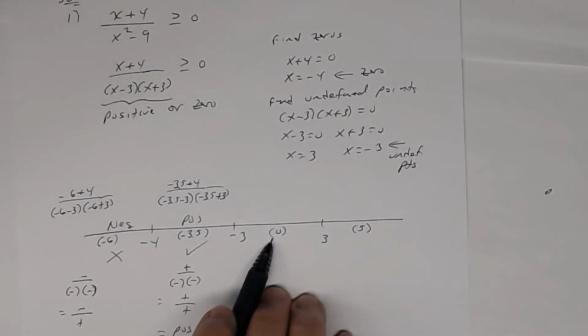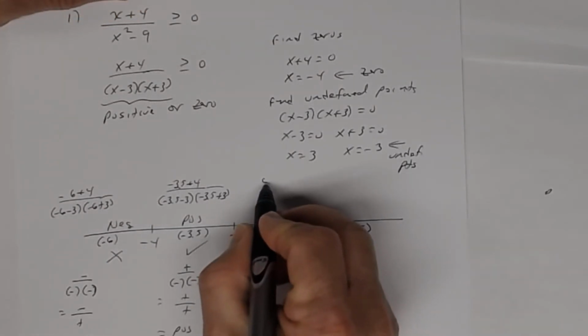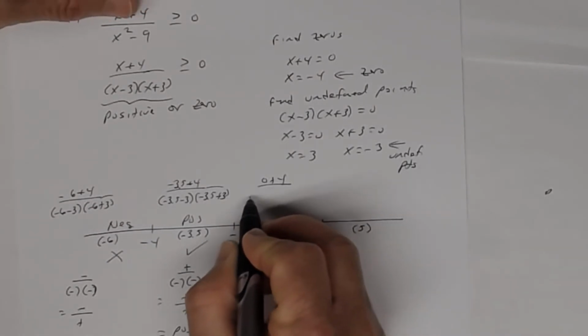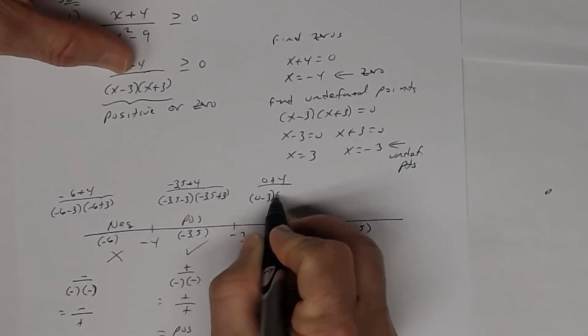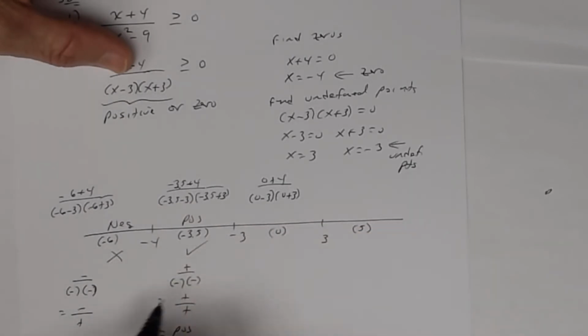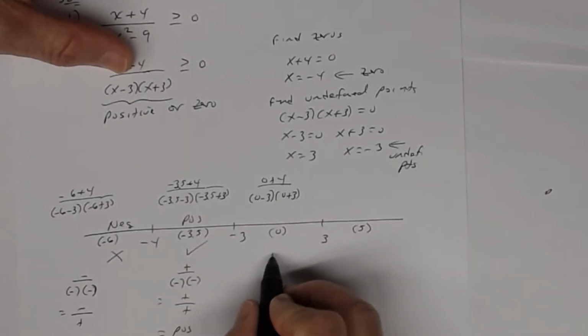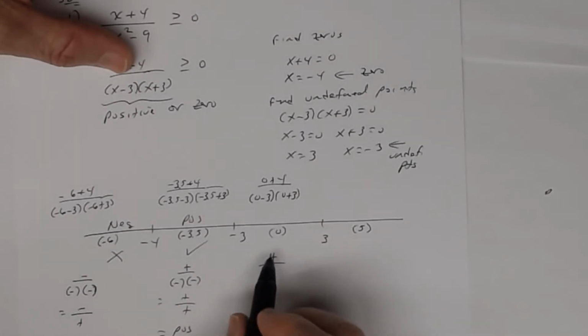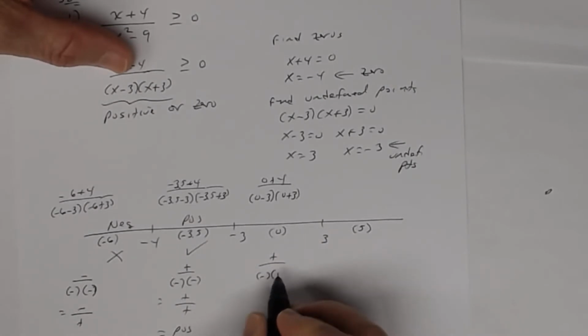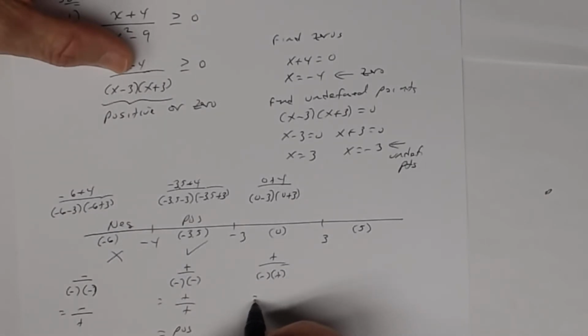Let's go to the next test point, 0. So I have 0 plus 4 divided by 0 minus 3 times 0 plus 3. 0 plus 4 is positive. 0 minus 3, that's a negative number. That's a -3. 0 plus 3 is a positive 3. So we have a positive divided by a negative times a positive, which is a negative, and a positive divided by a negative is a negative.